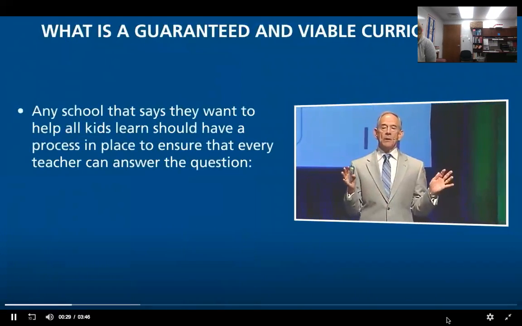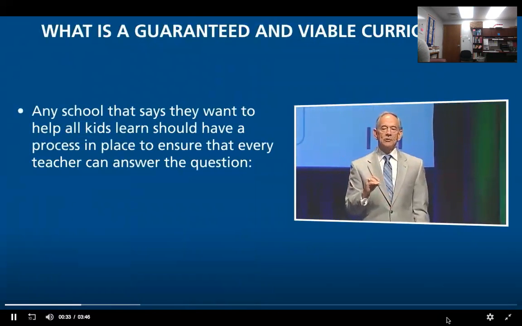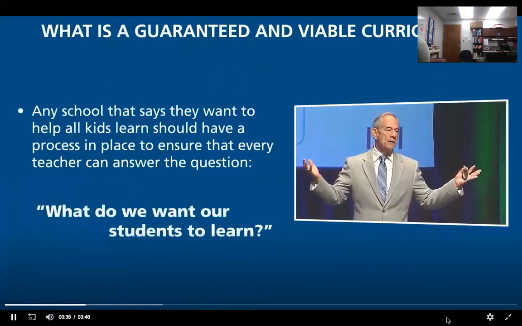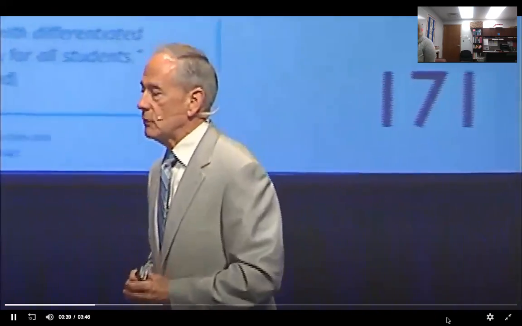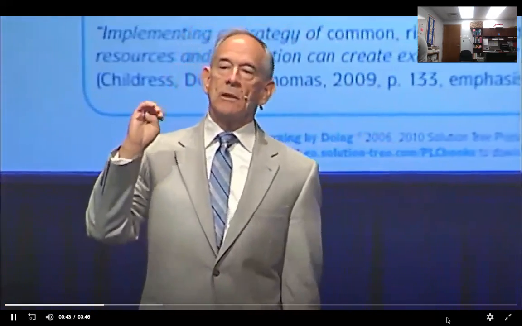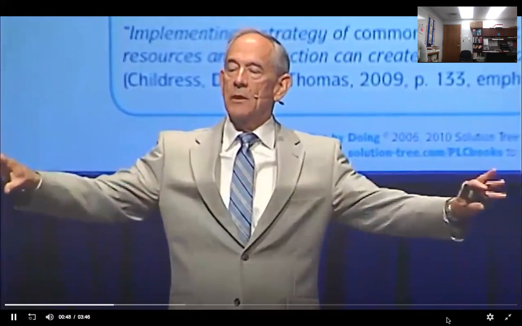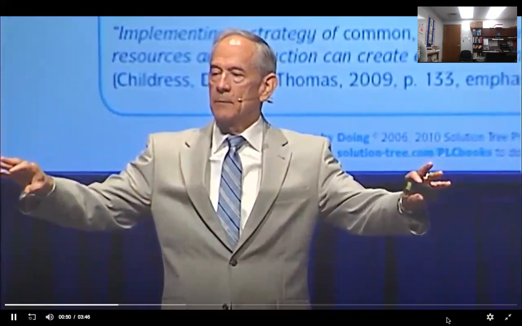Any school that says they want to help all kids learn should have a process in place to ensure that every teacher can answer the question, learn what? Unit by unit. Now, we're trying to do this across the United States in 45 states, where we've got the most comprehensive effort ever in the history of the United States to create a guaranteed curriculum, the Common Core, right?